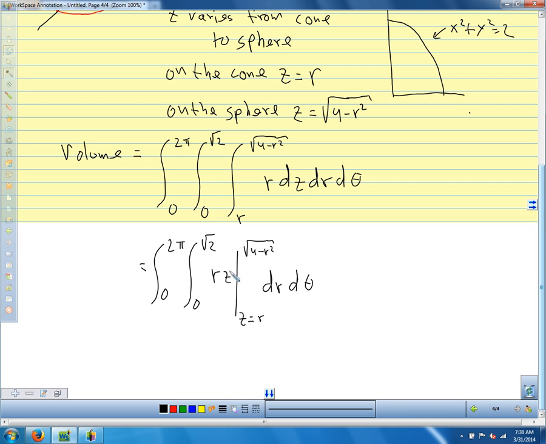When we evaluate this integral, we get the integral from 0 to 2 pi, the integral from 0 to square root of 2, of r square root of 4 minus r squared, minus r squared, dr d theta.